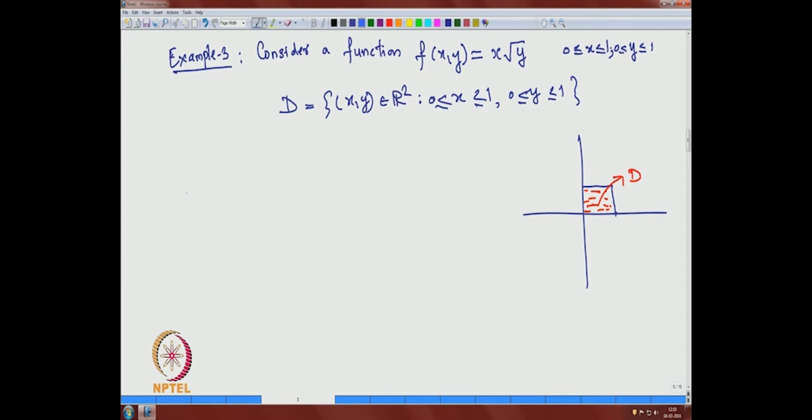So, let us compute f(x, y1) minus f(x, y2).